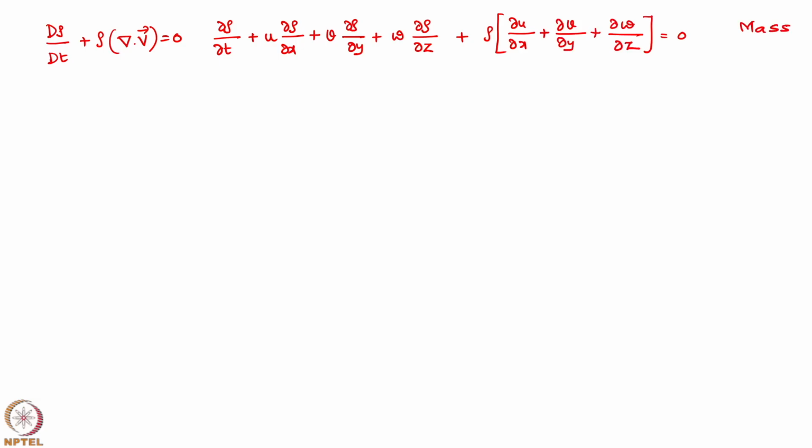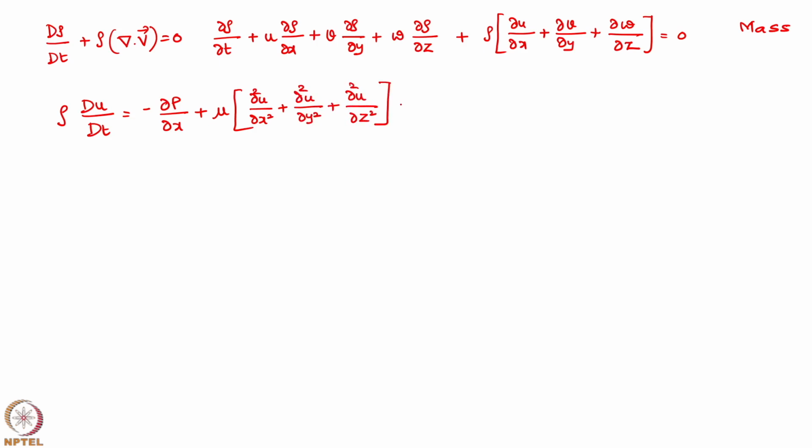Now conservation of momentum. The x momentum equation is rho du by dt is equal to minus dou p by dou x plus mu into dou squared u by dou x squared plus dou squared u by dou y squared plus dou squared u by dou z squared plus dou by dou x of mu by 3 into dou u by dou x plus dou v by dou y plus dou w by dou z, plus f of x.